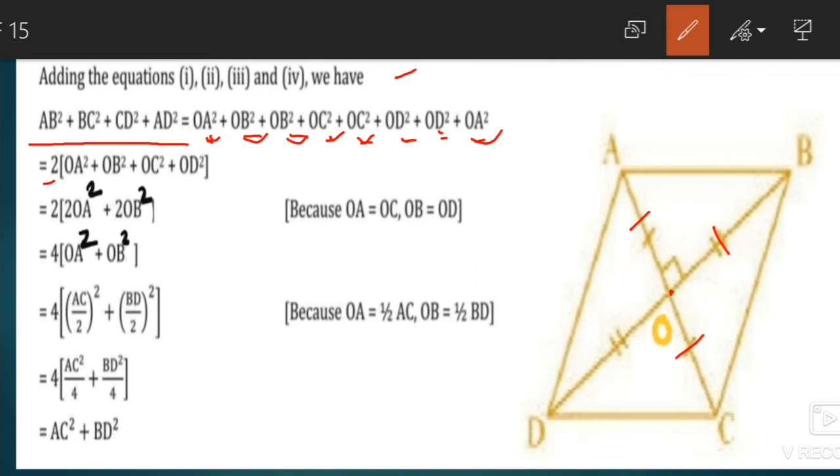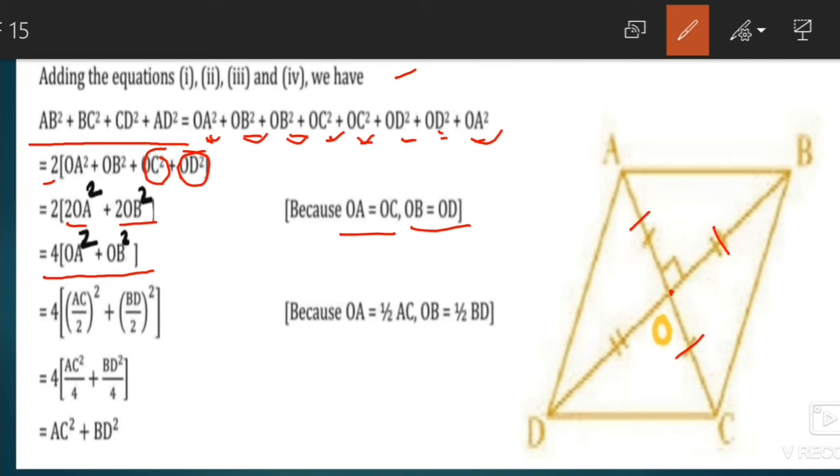So you can say that AO is equals to OC and OB is equal to OD. So in place of OC square I can write OA square, and in place of OD square I can write OB square. So it will become 2OA square plus 2OB square. Again you can take 2 common, that means 4 into OA square plus OB square.